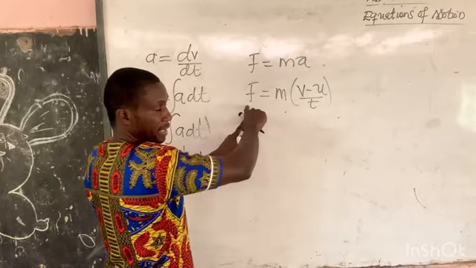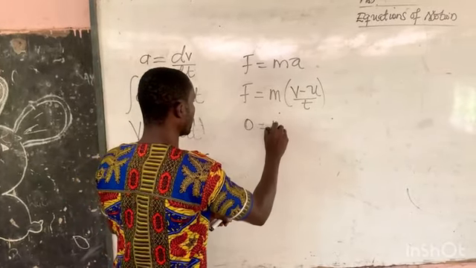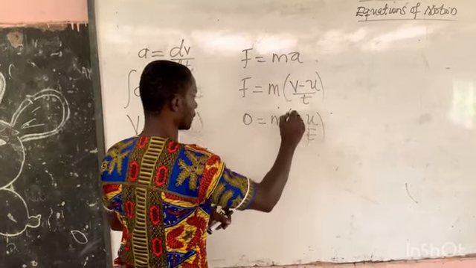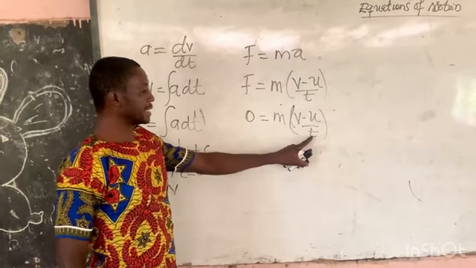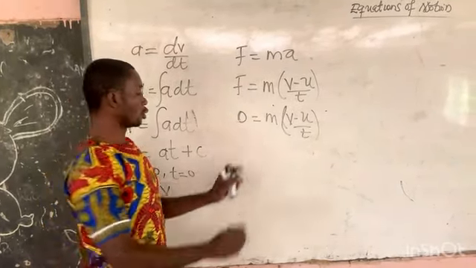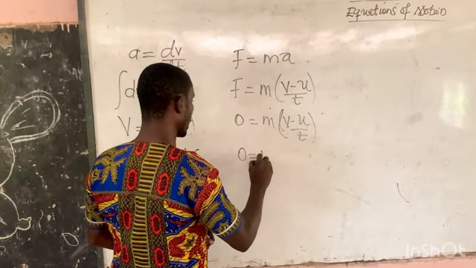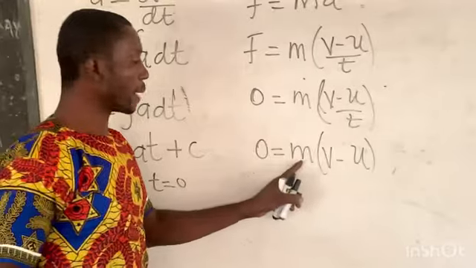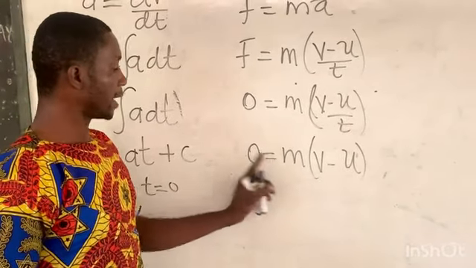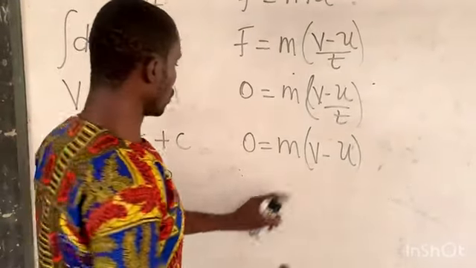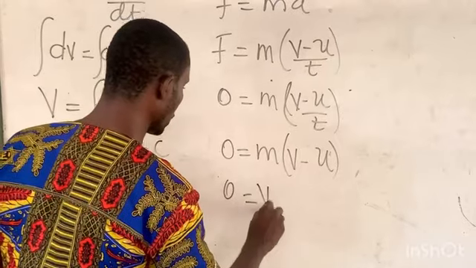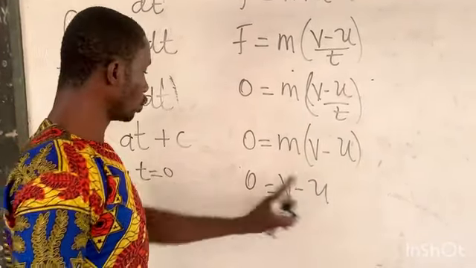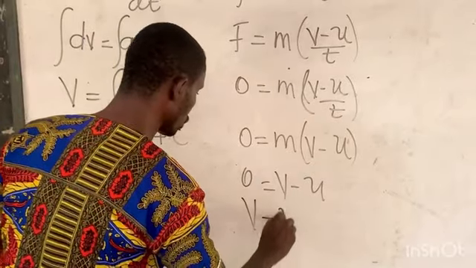So if the net force is 0, 0 is equal to m times (v minus u) over t. Then you multiply through by t. t times 0 gives you 0. So you have 0 is equal to m times (v minus u). Then you divide through by m. 0 divided by m gives us 0. So we get 0 is equal to v minus u. Then I bring the negative u to this side, and we get v is equal to u.